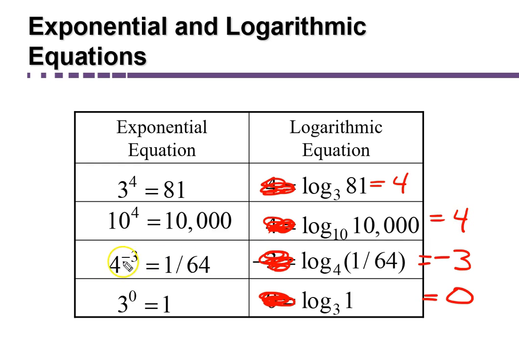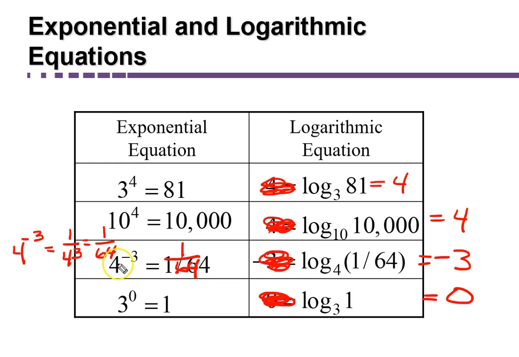Now, this one's a little tricky because it's a negative exponent. That's fine. Remember, this answer, let me write it a little better here. 4 to the negative 3 is actually 1 over 4 to the 3rd, which is 1 over 64. I just have this written funny.